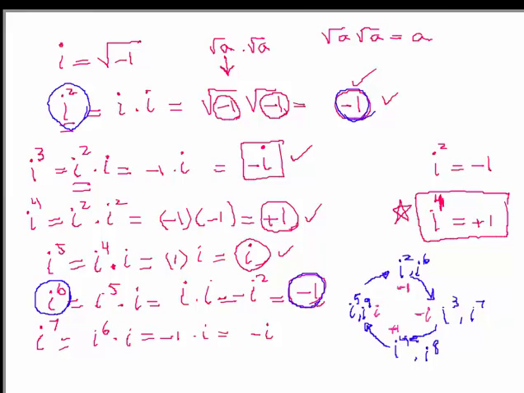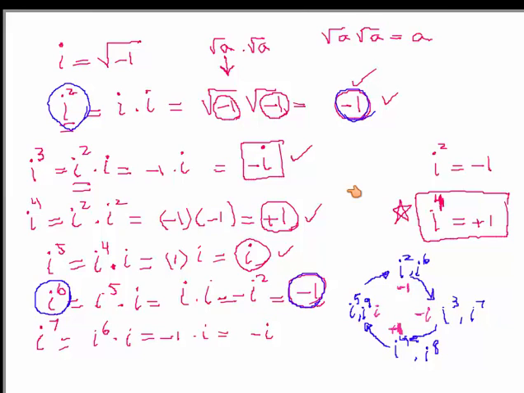Looking at the pattern, when i squared is equal to -1, then i to the power of 3 is -i. So the pattern is -1, -i, 1, i, and you go back to -1, -i, 1, i, and so on.